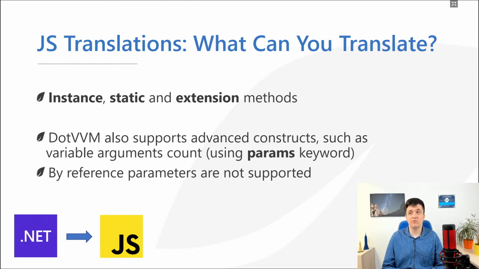And if you want to know where the limitations are, it mostly all boils down to the fact that we cannot support by-reference arguments, so C# keywords such as ref, out, or in. Methods with these types of arguments are not and will not be supported.